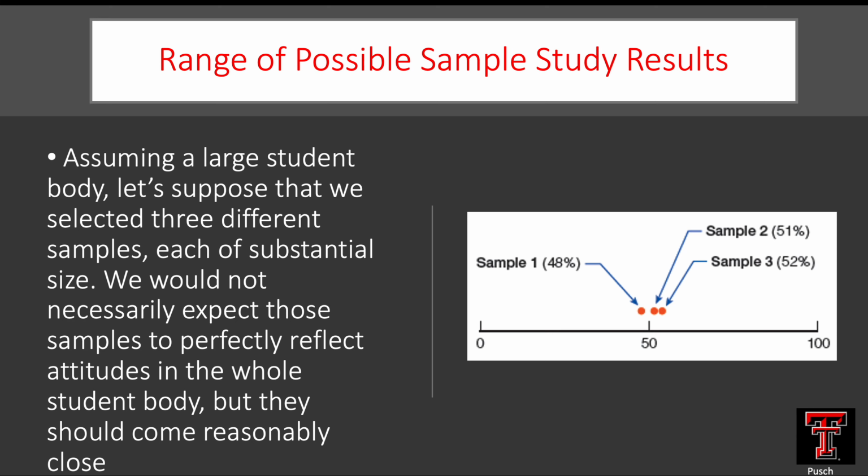We wouldn't necessarily say that these samples are going to be perfect every single time, but if we look at all these samples together, we should be able to come reasonably close. So for our mean of 50, if we pick 3 different samples, they're not going to be exact, but they're going to cluster around that mean of 50, pretty close.